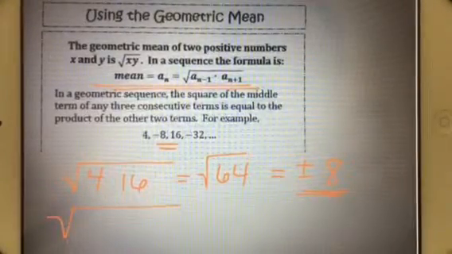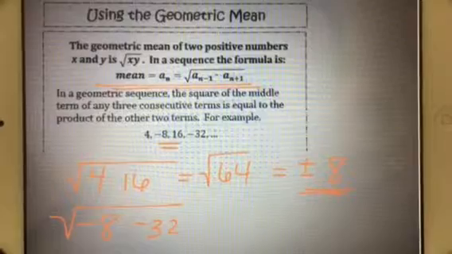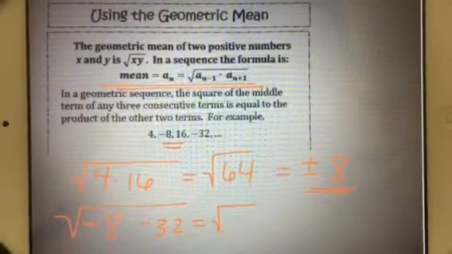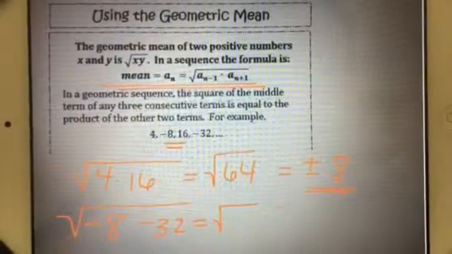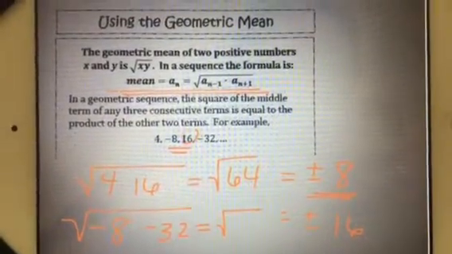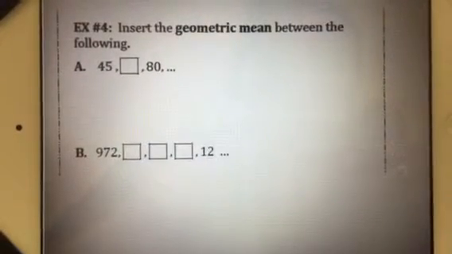Again, if we take negative 8 times negative 32, then that gives us the square root of, I'm not too sure what that is, which will then give you plus or minus 16, which is the value you have there.